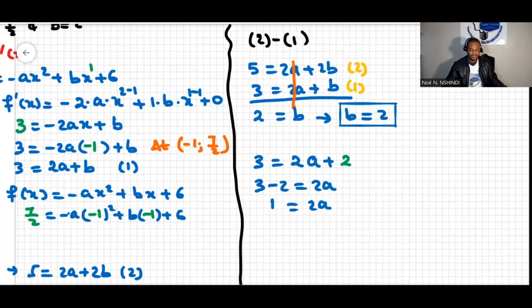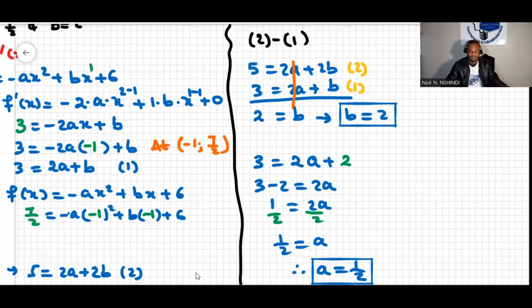And if I need to find a, I will divide both sides by 2, and then we'll have a half equal to a. Therefore, a equal to a half. Those were the values of a and b.